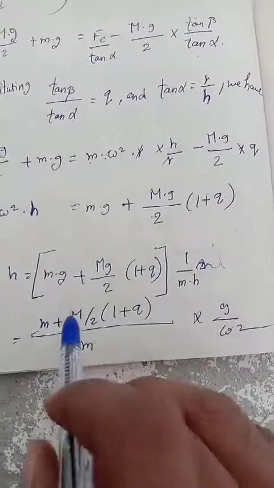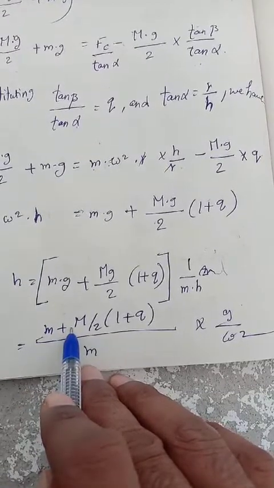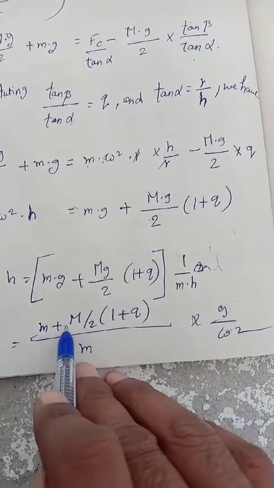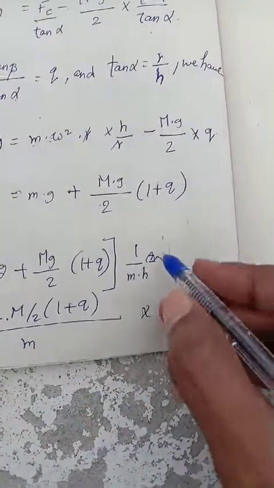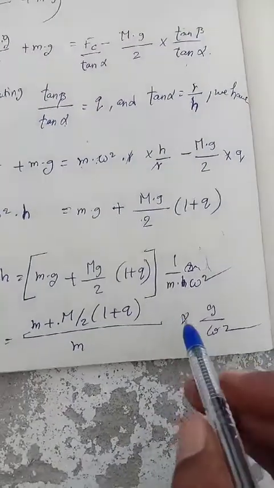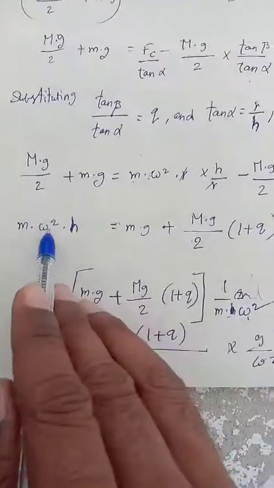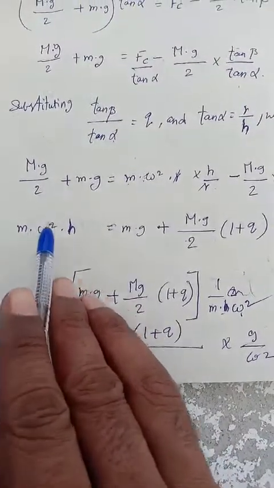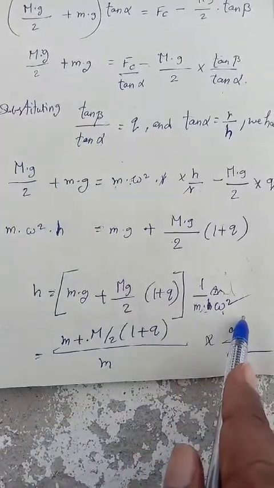Okay, m plus... sorry, yes, here is omega square. 1 by m into omega square, this is the omega square. H only we can put it. So m into omega square, it will come like here.